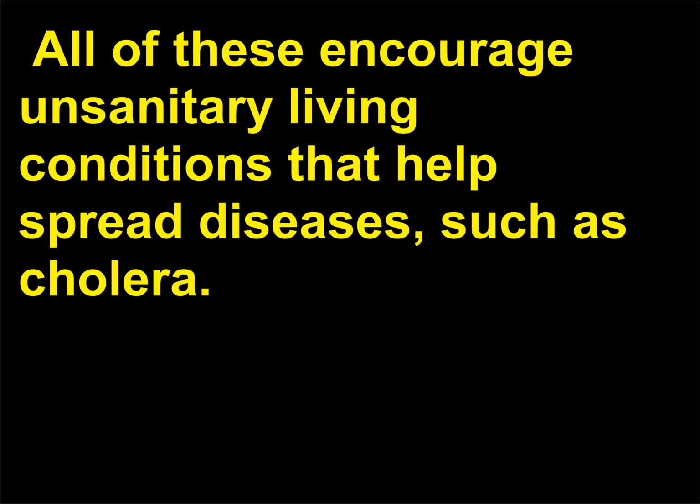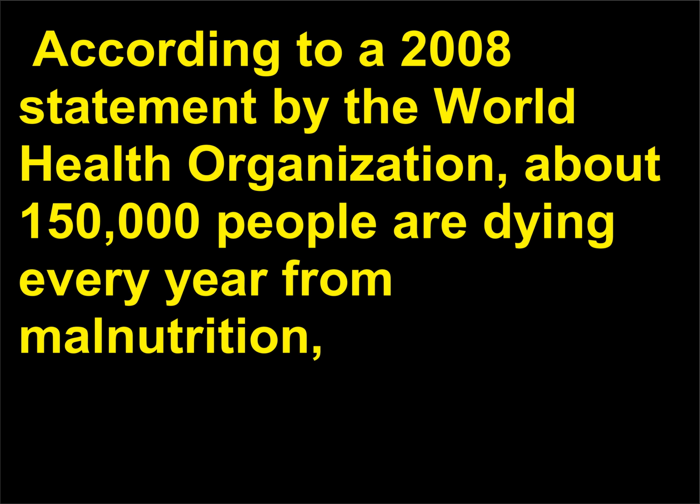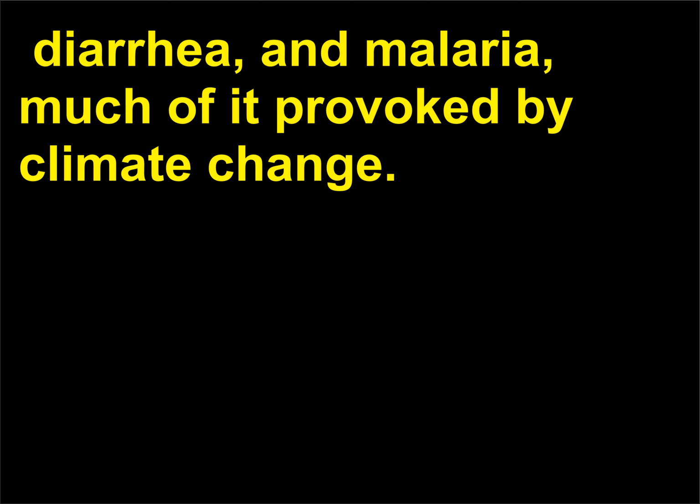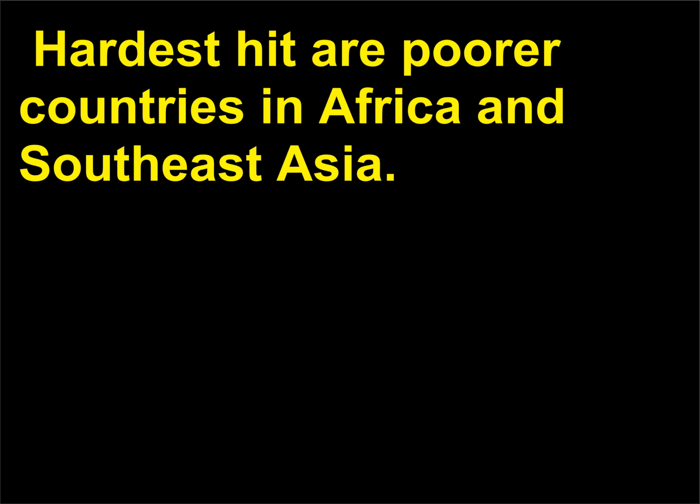All of these encourage unsanitary living conditions that help spread diseases, such as cholera. According to a 2008 statement by the World Health Organization, about 150,000 people are dying every year from malnutrition, diarrhea, and malaria, much of it provoked by climate change. Hardest hit are poorer countries in Africa and Southeast Asia.